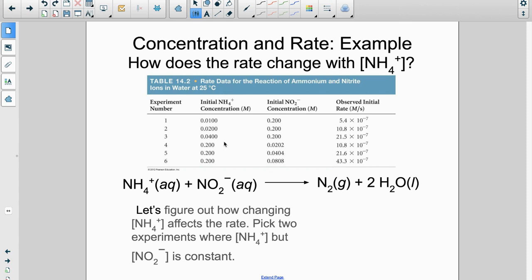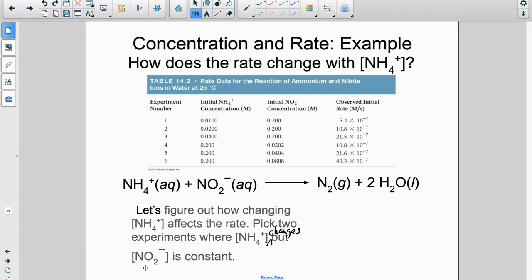Here we have a chemical reaction. We want to figure out how the rate changes when we change the concentration of NH4 plus. To do that, we want to find a place where NH4 plus is changing, but the other reactant, NO2 minus, is not.